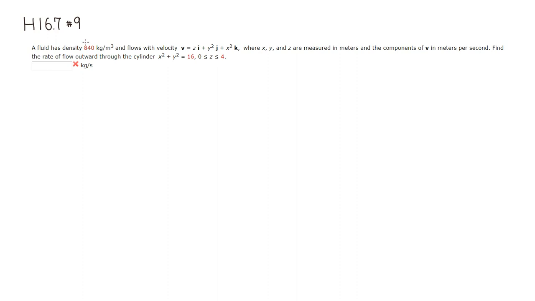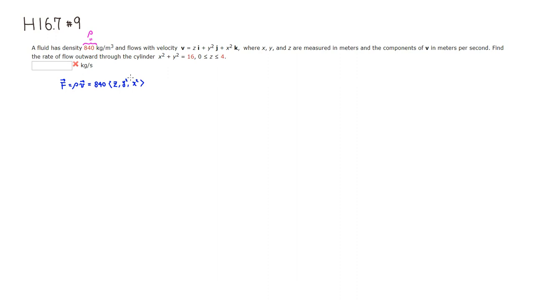And we have velocity given, so we can let F be simply rho times vector field V. In this case, rho is 840, and vector V is z, y squared, x squared.